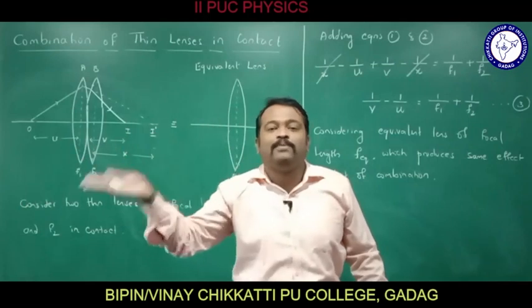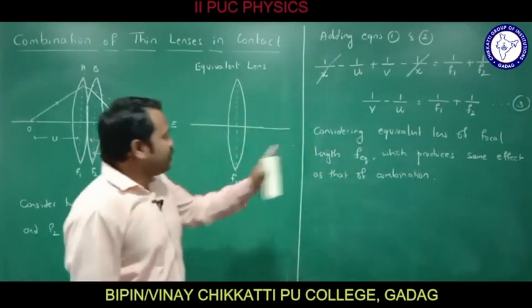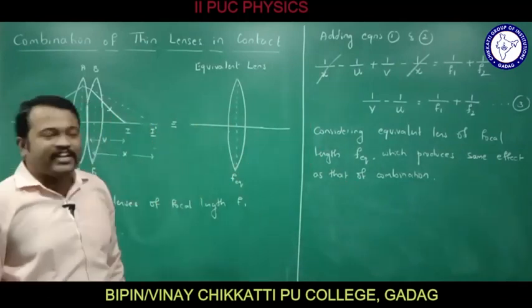The effect of 5 rupees plus 5 rupees is nothing but the effect of 10 rupees, right? In a similar manner, what is the equivalent lens? It produces the same effect as that of the combination.